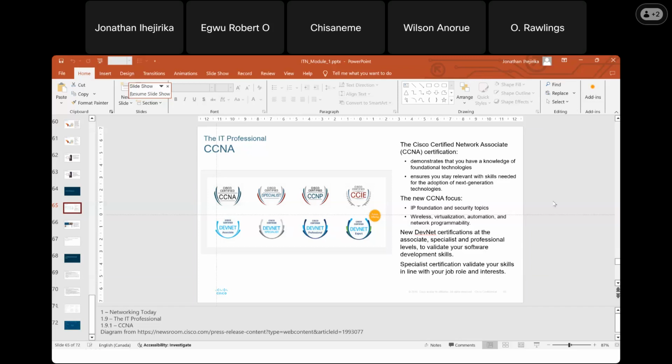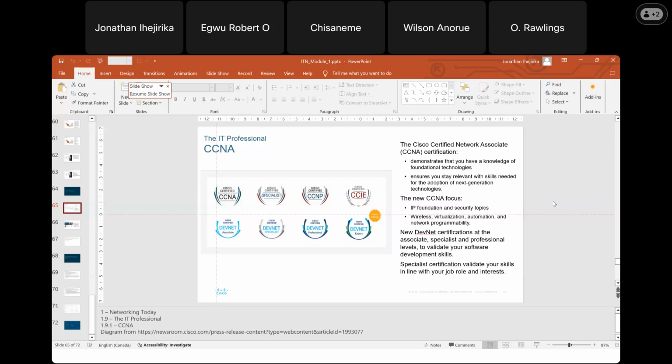So the new CCNA focuses on IP foundation and security topics, wireless, virtualization, automation, and network programmability. The new DevNet certifications at associate and specialist levels validate your software development skills, for those of us who are into software development.